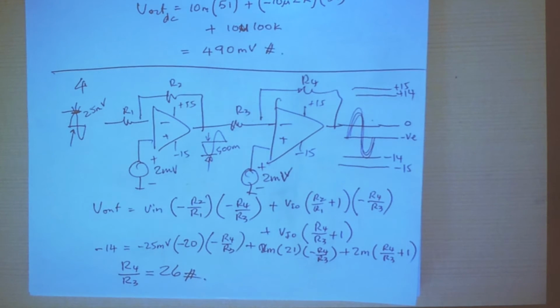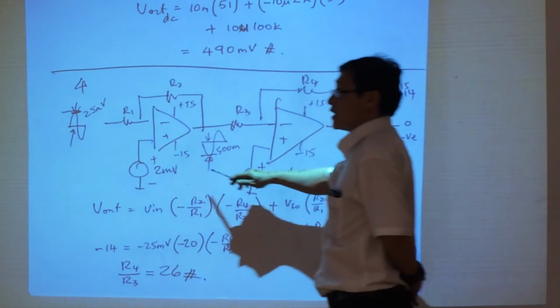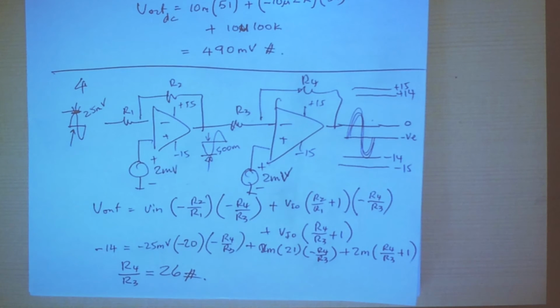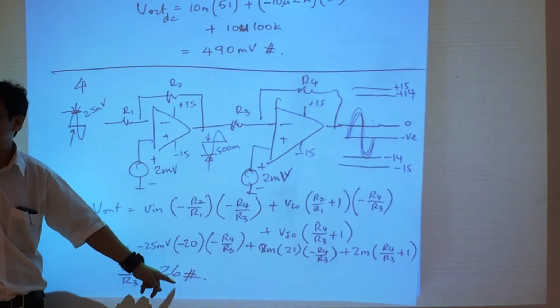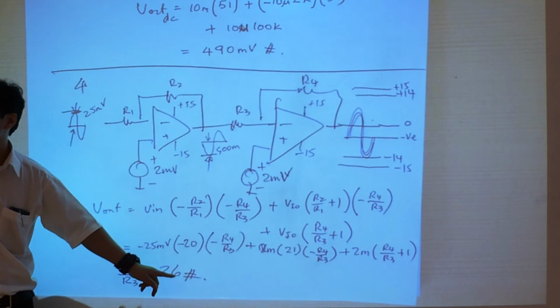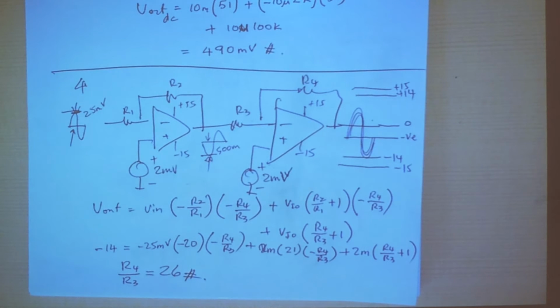In tutorial 1, we have almost the same question where the DC offset wasn't there. Remember? It's the same question, just without the DC offset. And in that solution, we found that the ratio was 28. Remember? Now, the gain is 26.